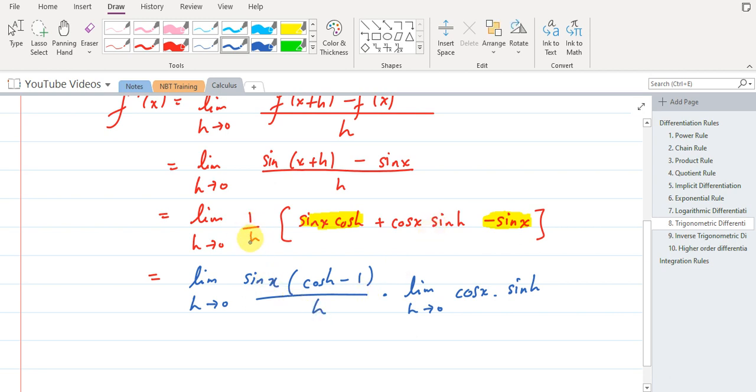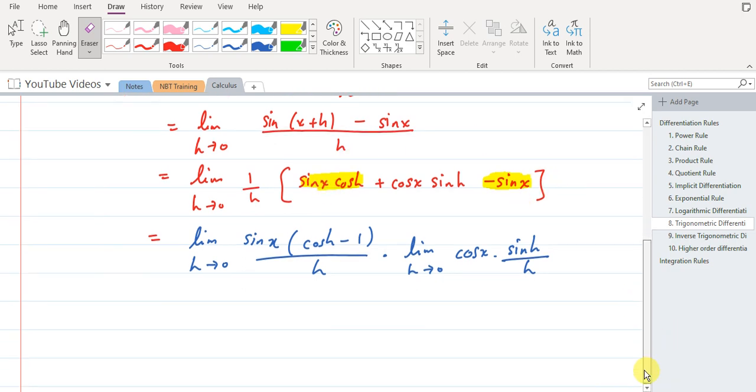I took the h over, because we are combining the two terms, each with the limit of 1 over h.